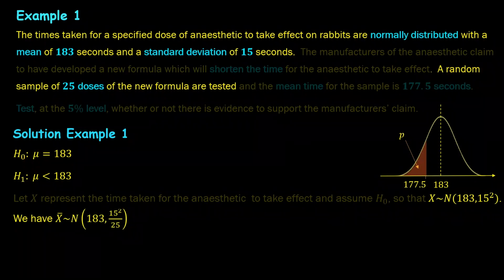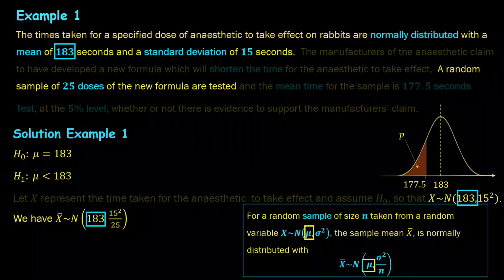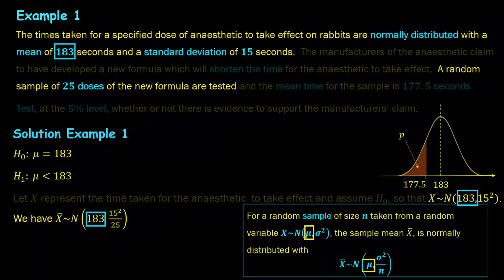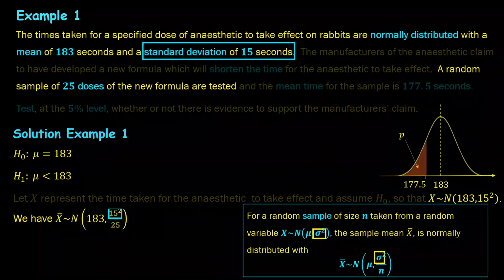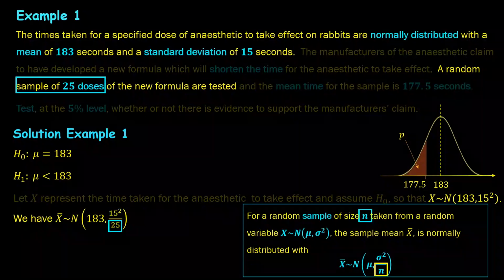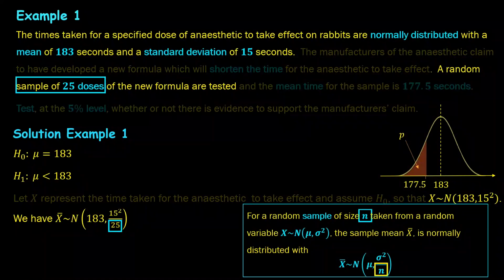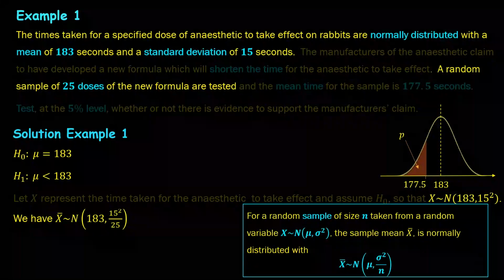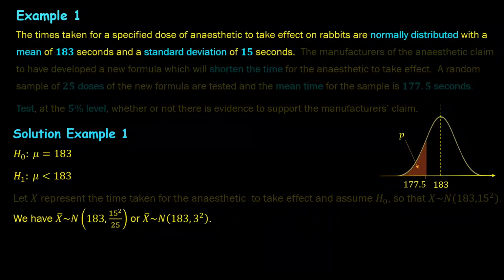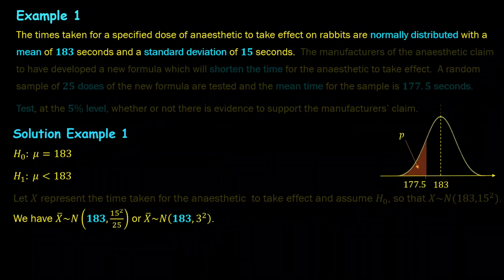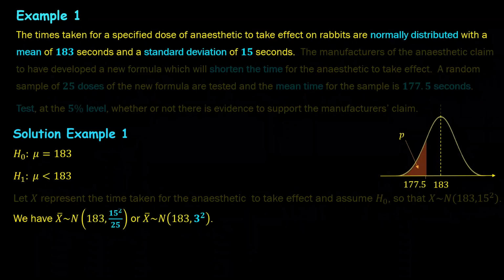We have x bar distributed normally with mean 183 and variance 15 squared divided by 25. This is the same as x bar distributed normally with mean 183 and variance 3 squared.